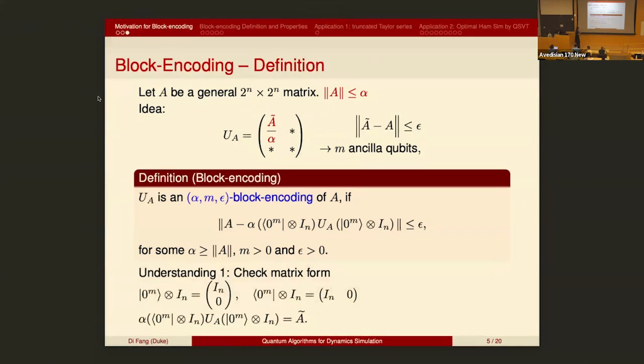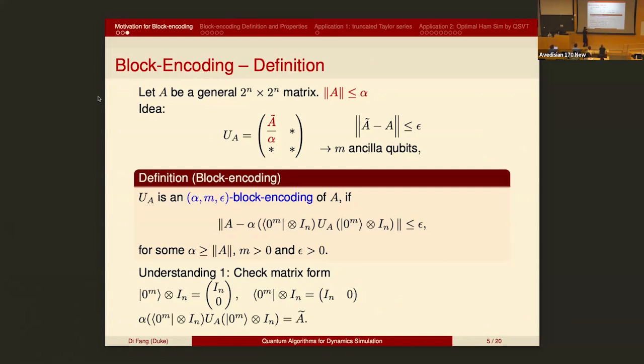Second, let's try to check the matrix form. And if you are a tensor person, I will then check the tensor form. Checking the matrix form, what this means is the matrix with 1 and zeros, tensored with the identity I_N, and then you look at its complex conjugate. Now this U_A, you just take this matrix form and multiply.